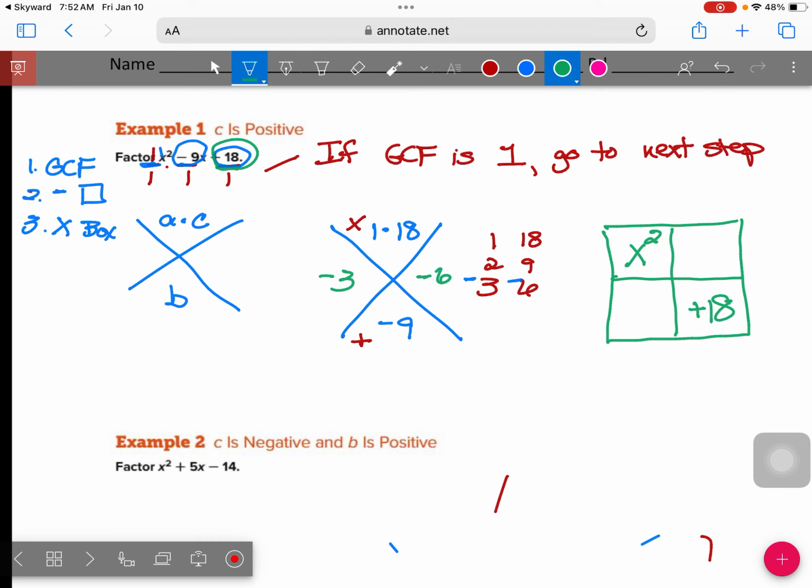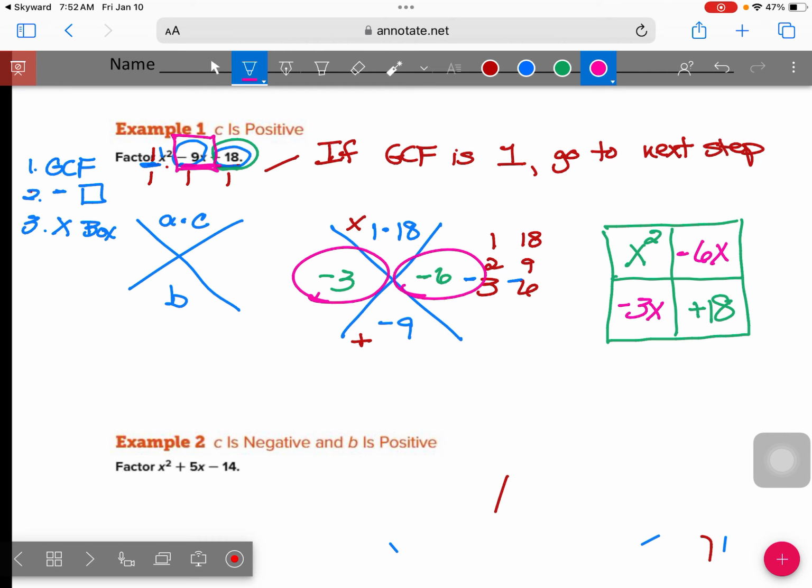Now, right here in these middle two, this is what adds up to be your B. It's actually these numbers themselves. That's why we are using this X box formula. So because they have to add up to be the middle term, which is an X term, I am going to put negative 3X and negative 6X.